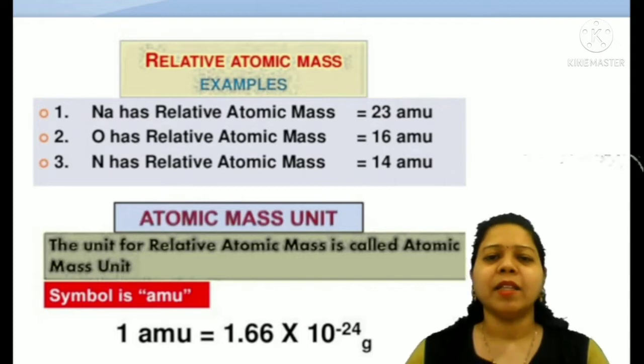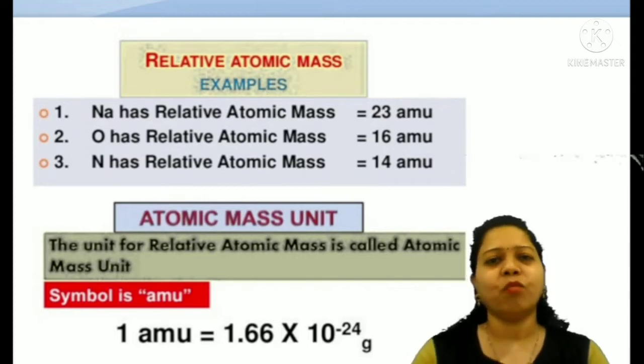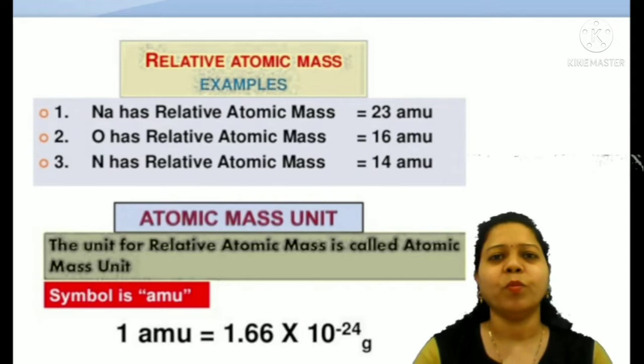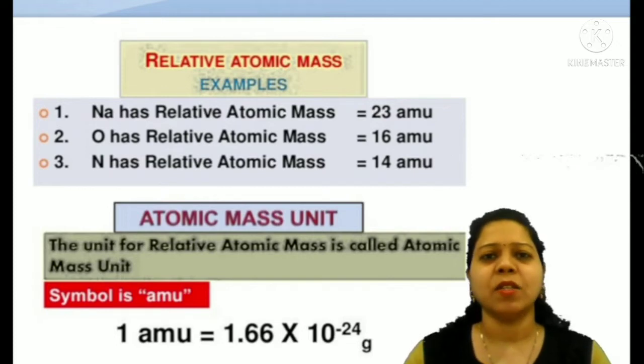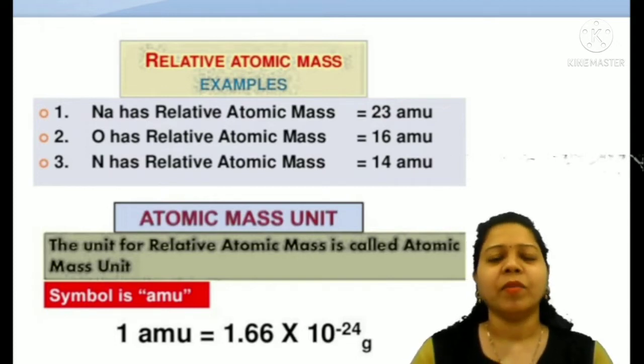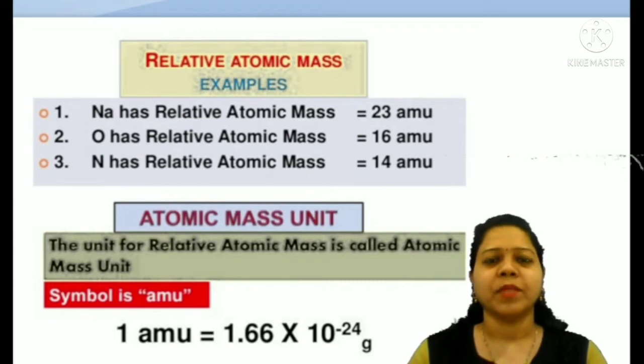So they did an experiment to find one carbon is equal to how many hydrogens. When they did this experiment, they observed that 12 hydrogen atoms are equal to the mass of one carbon. That's why we compare these masses with carbon, and the mass of one hydrogen is equal to 1/12 of the mass of one carbon.